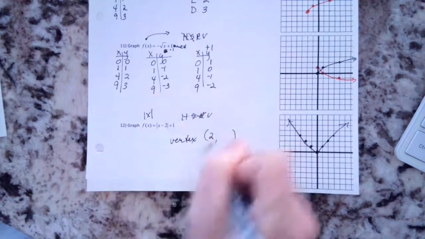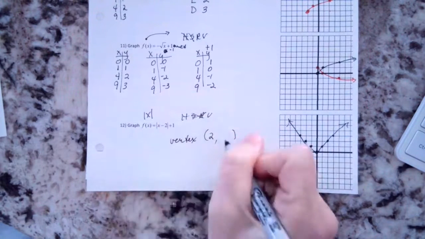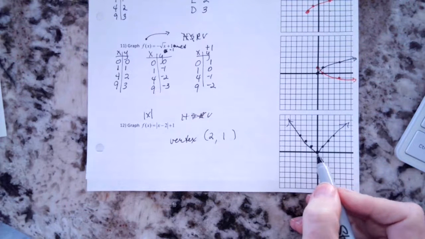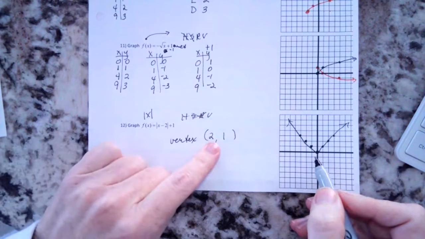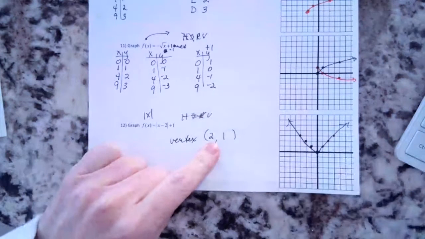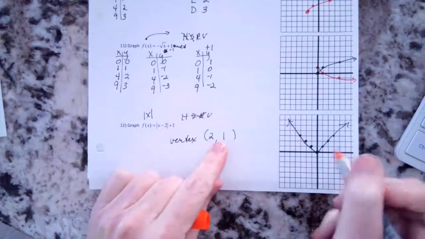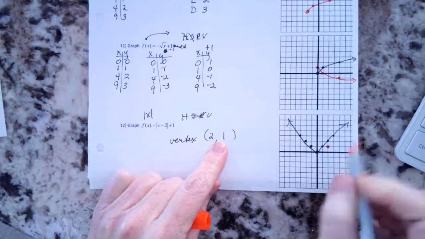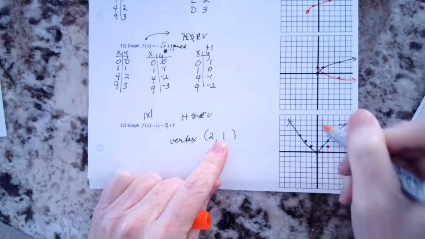This is a liar, +2. This stays the same. Let's take this vertex point here, the belly button of this absolute value function, and let's move him to 2, 1, and then draw him in. So 2, 1 is over 2, up 1.